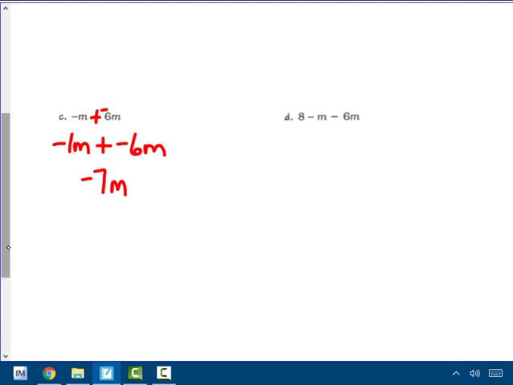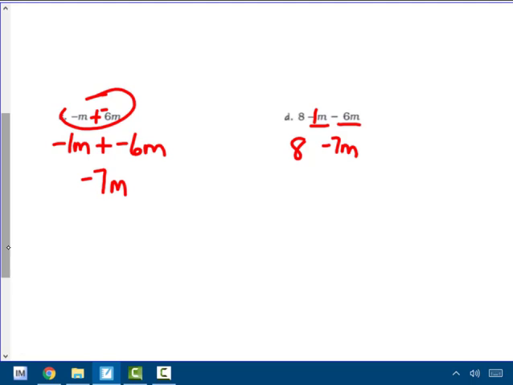And the last one here says 8 and -m and -6m. Or, for those of you, 8 minus m minus 6m. I don't like that. I say 8, -m, -6m. A -m and a -6m, we just saw that over here. Okay, well that's a -7m, right? -7m and an 8 out front.